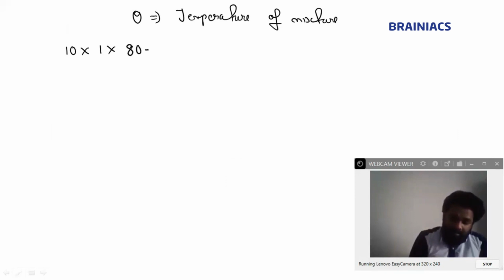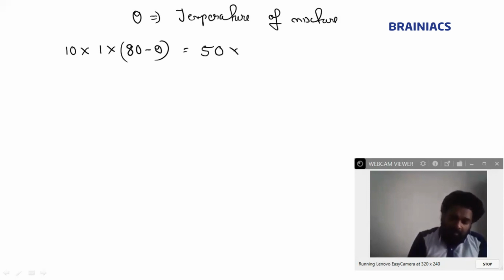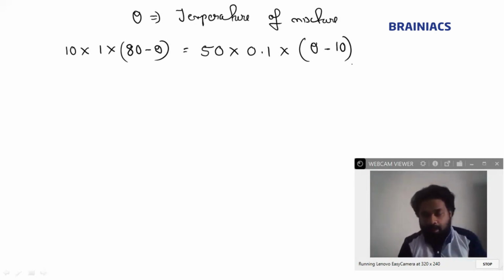Theta is the mixture temperature. This is equal to the mass of cold body, 50, into 0.1, its specific heat capacity, into theta minus 10, because here the temperature will increase to the mixture temperature from its old cold temperature of 10. This is how we can equate.